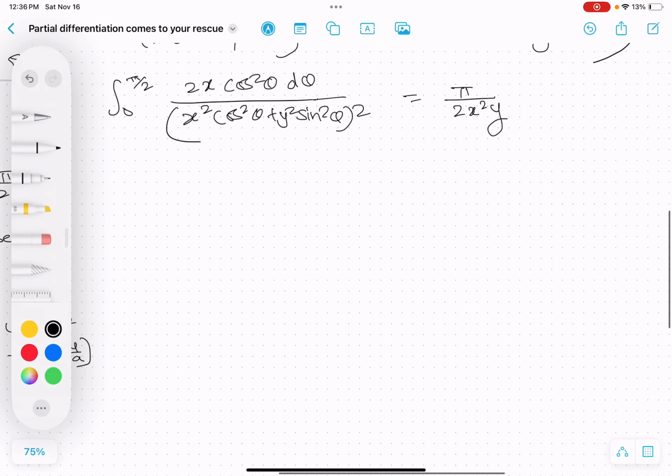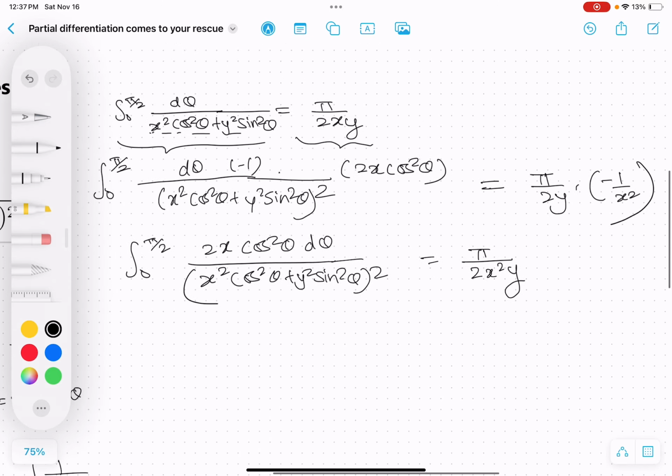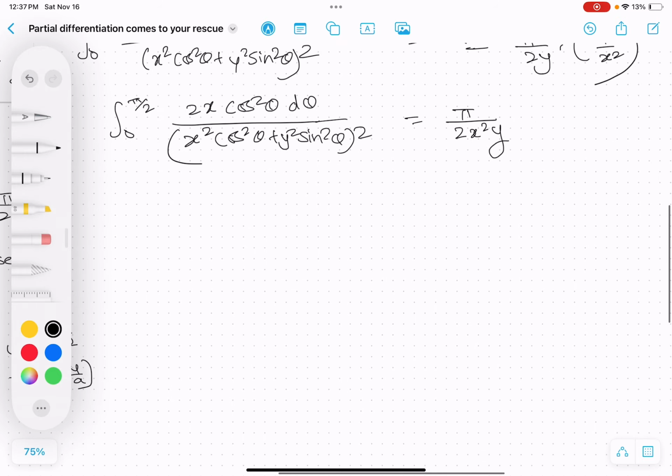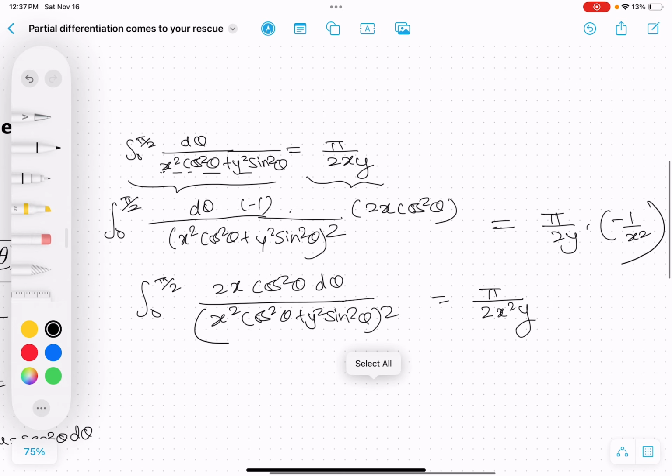Okay. Now if I had done partial differentiation with respect to y, the only change would have been that I would have got 2y sin square theta, and over here we would have 2xy square, right? So this was the partial differentiation with respect to x.